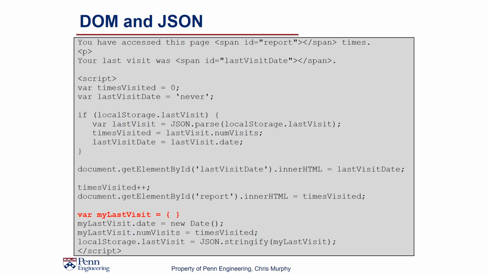We haven't seen this notation before, but I can create an empty object just by using the empty curly braces here. I can give it a date property and set it to the current date and time. I can set its numVisits property to whatever the value of timesVisited is. And lastly, I can take that object, stringify it, and then store it in local storage.